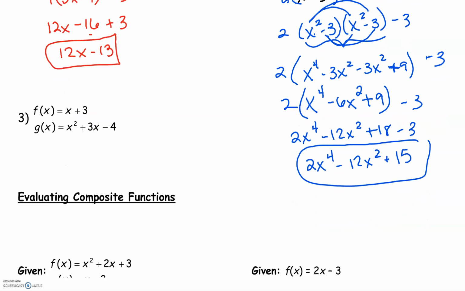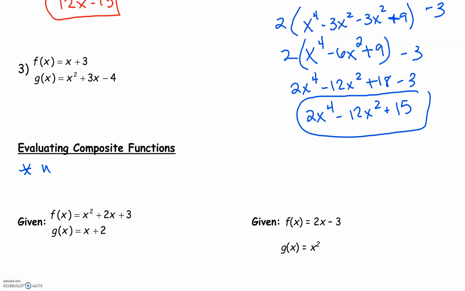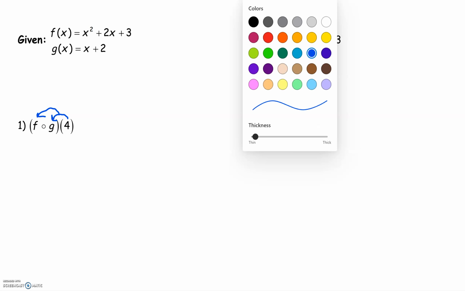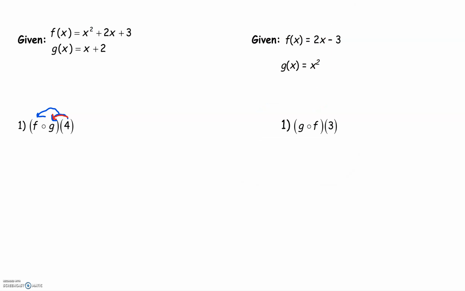So on these last two, we're going to be working backwards. There we go. So we're going to plug 4 into G and then that into F. So let's use our G, plug 4 into G first. That's our first step. So G of 4. What do we get? Well, there's G, and we're going to plug a 4 in. So we get 6.